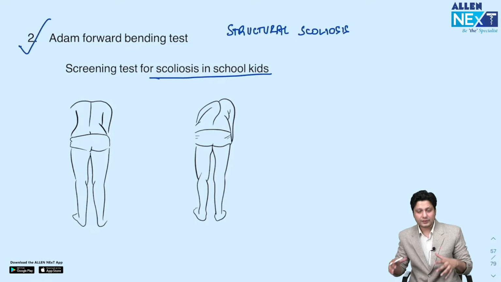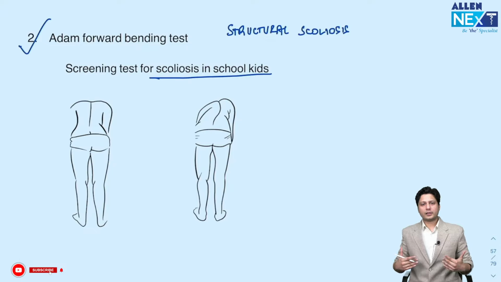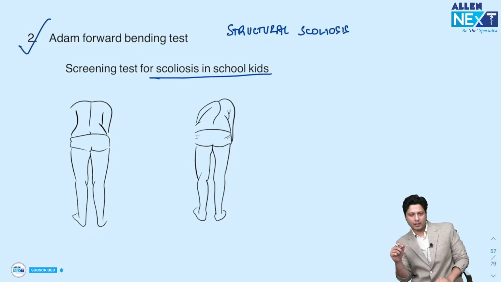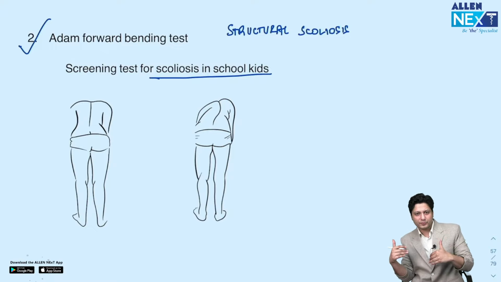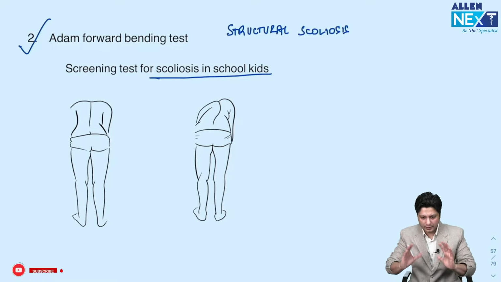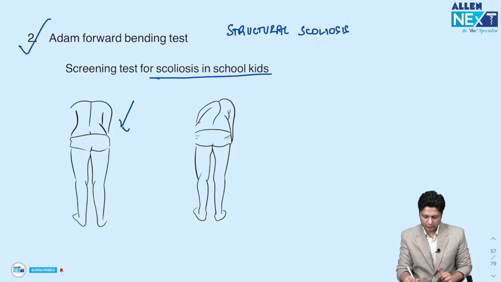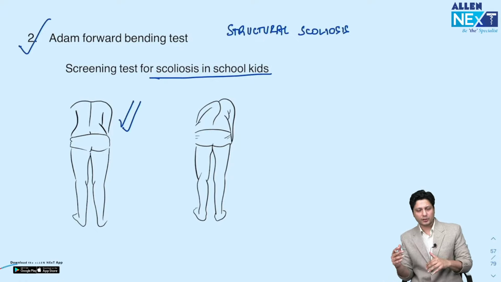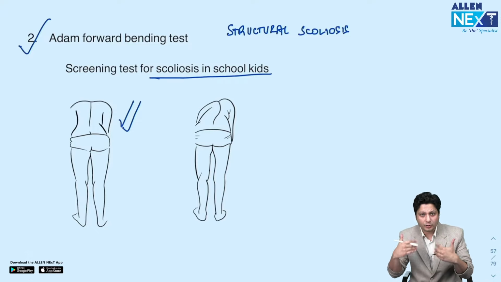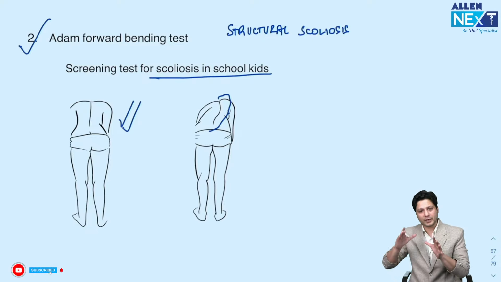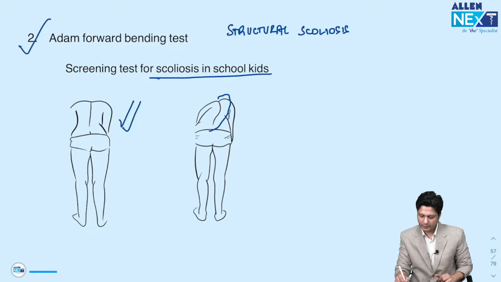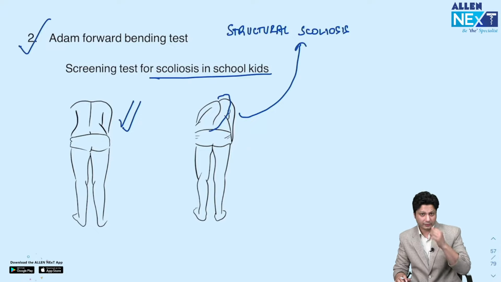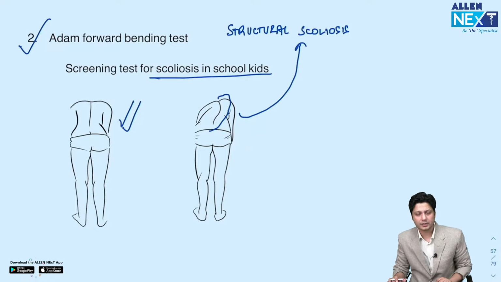If the patient is bending on his own will, and when the same patient is asked to bend forward, a normal curvature of the spine is observed, then this is normal. But if there is another patient who is also bent, and when you ask the patient to lean forward, there is an abnormality or a bump seen, then it means the patient is genuinely suffering from structural scoliosis. So that is the answer for this question. Adams forward bending test is a screening test for scoliotic abnormality.